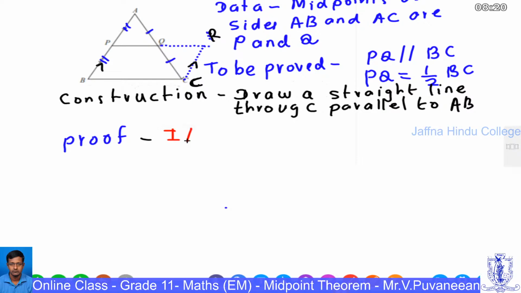In triangle APQ and QCR, AP equal, AQ equal, but AP equal, we can prove these two are congruent.